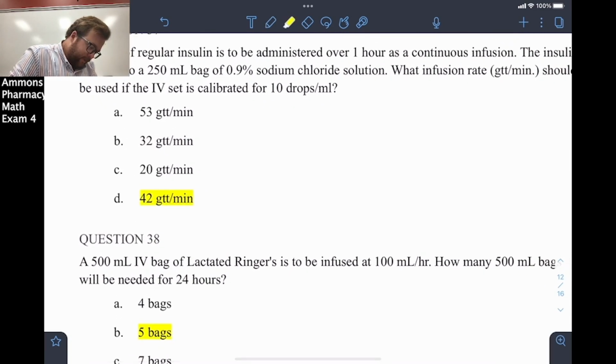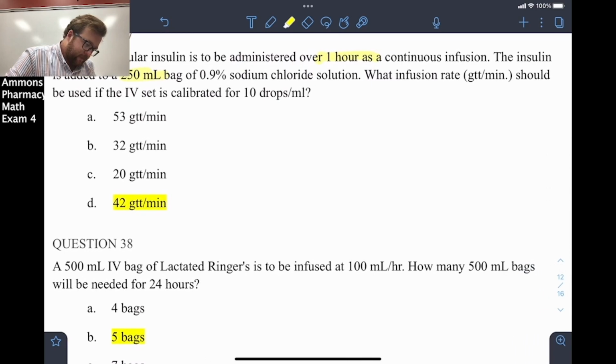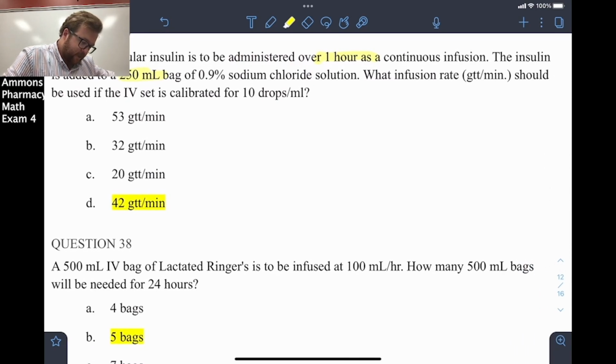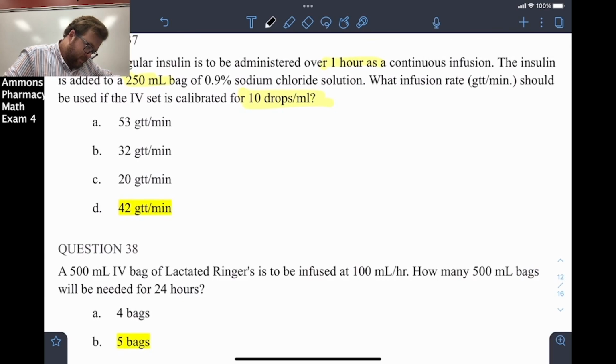So 37 units are going over 1 hour. Insulin is added to a 250 ml bag. What infusion rate should be used if it's set for 10 drops per ml? Oh, I see.